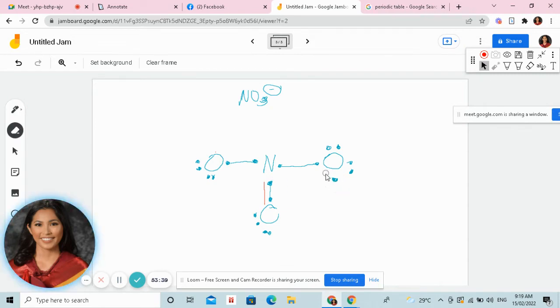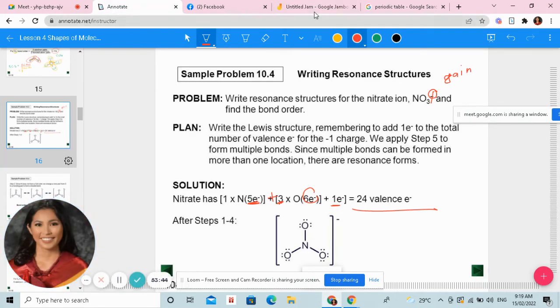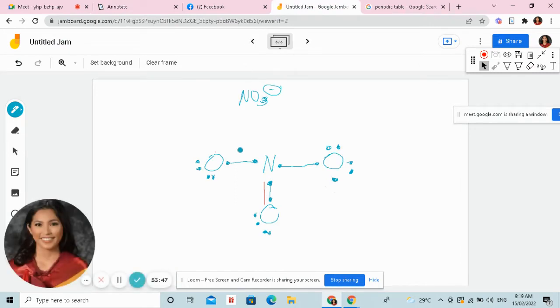So let's count how many we have. 24 electrons. 2, 4, 6, 8, 10, 12, 14, 16, 18, 20, 21, 22, 23.